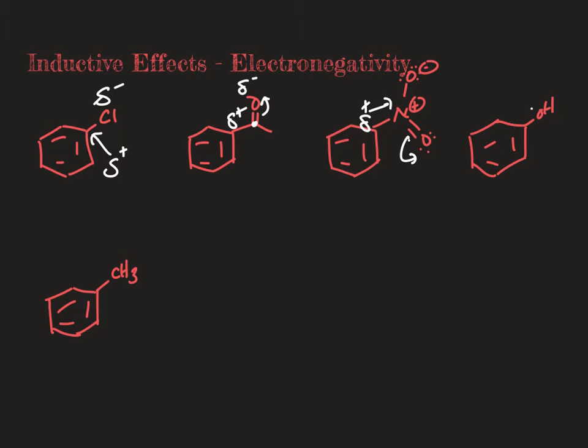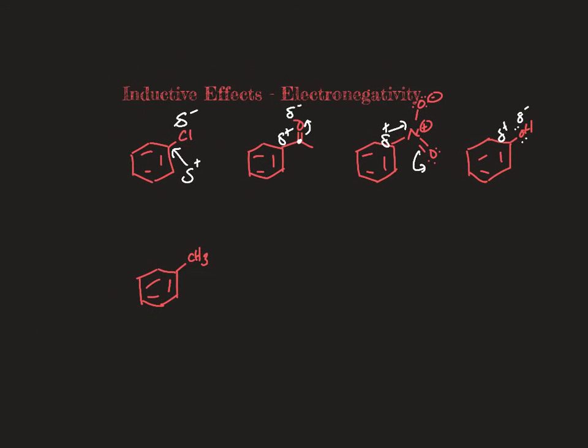Hydroxyl group, oxygen is electronegative, so again, partial positive on the ring with the negative out on the group. So all of these have that same pattern where the electron density is being pulled out into the group and away from the ring. So we would call these electron withdrawing groups. All that electron density is being pulled out due to electronegativity.